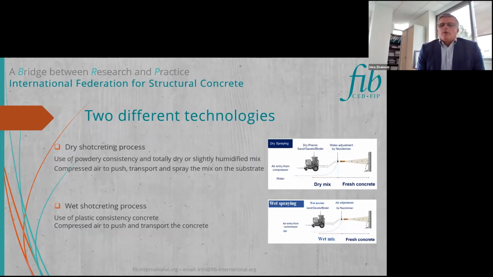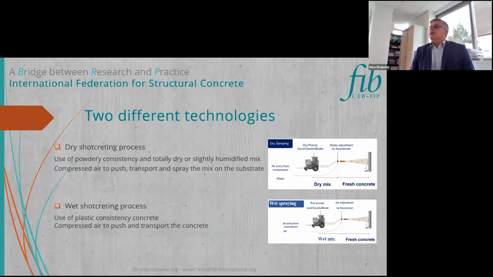There are two different techniques. One is called the dry shotcrete application. It consists of using a powdery consistency, a totally dry or slightly humidified mix, which is pushed by compressed air, transported and sprayed through the shotcrete onto the substrate.